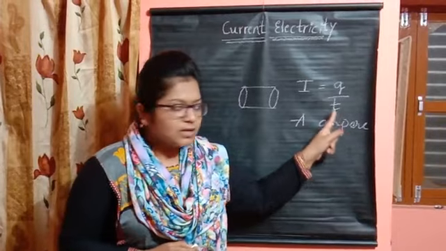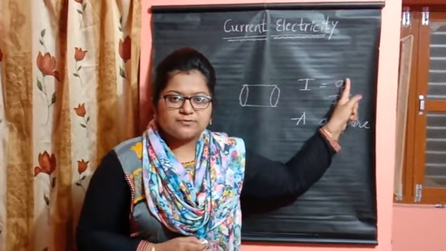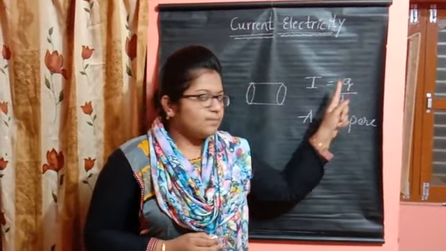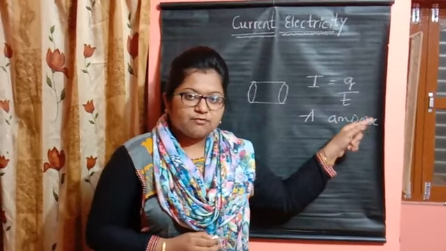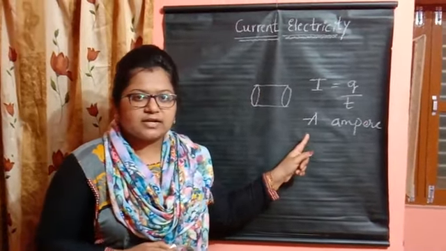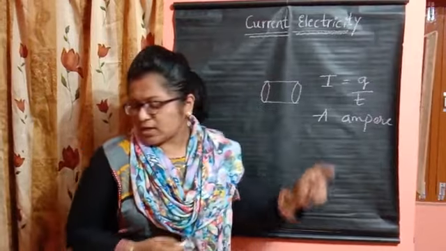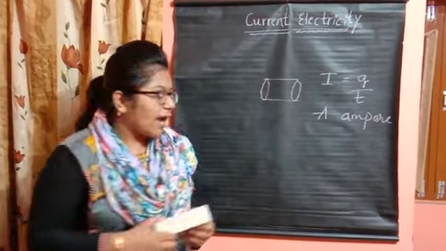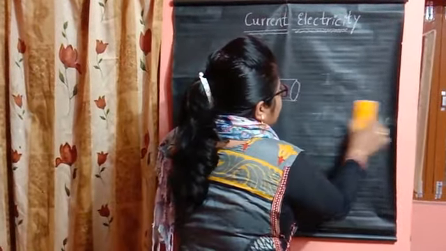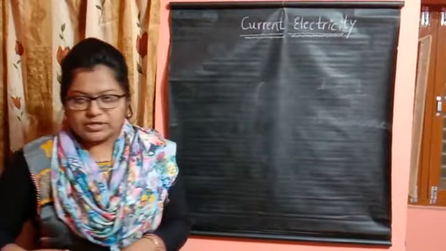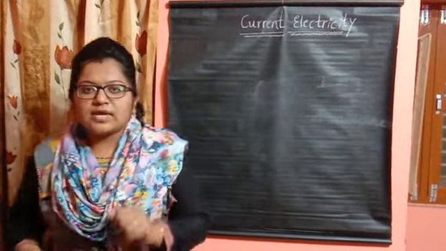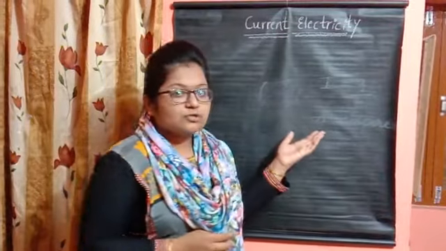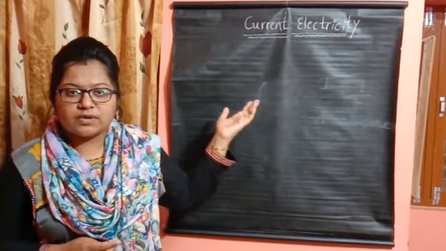These are all things we have studied. We also said that electric current is a scalar quantity because it does not obey the laws of vectors.